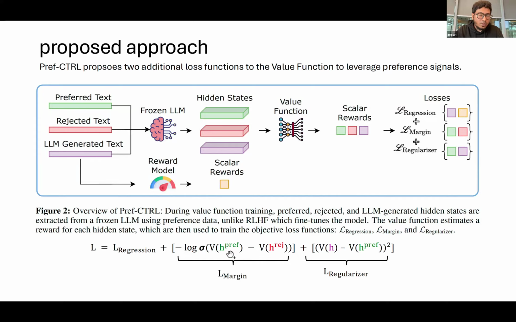And the log sigmoid is basically saying to rank these two and understand the difference between them, and make a distinction that we should be moving more towards the preferred sentence. And we add another term, which is called a regularizer, and this is computed between the actual generated text from the LLM and the preferred sentence.